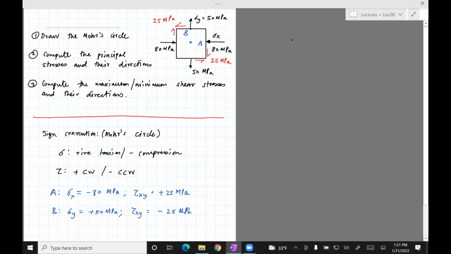I highly recommend that you do this step because it will help us start drawing the two coordinates A and B. That will help us draw the Mohr circle. So I'm going to take those points, minus 80, comma 25, and then plus 50, comma minus 25, and draw them on a grid paper. If you don't have a grid paper, you can just make lines and see that it approximately looks all right, because then you'll have to get a circle to pass through it.